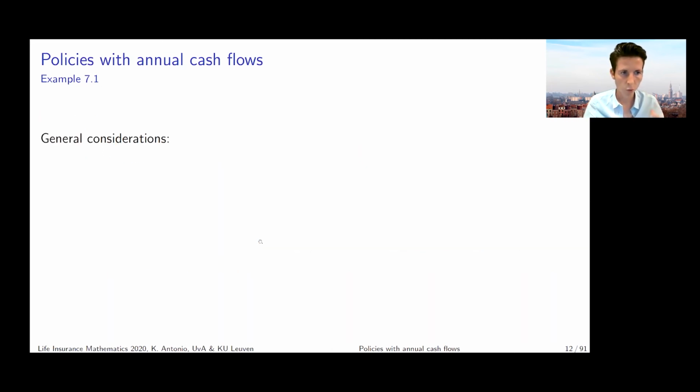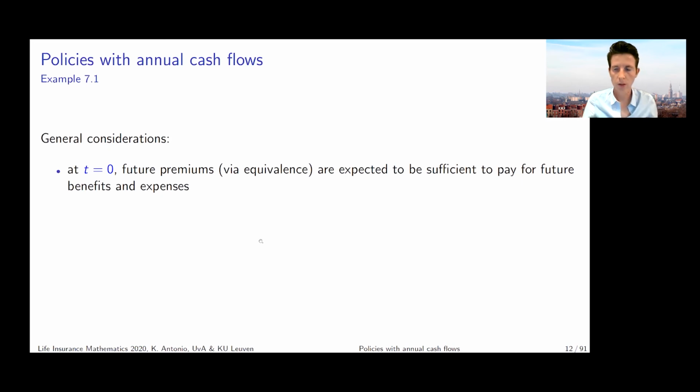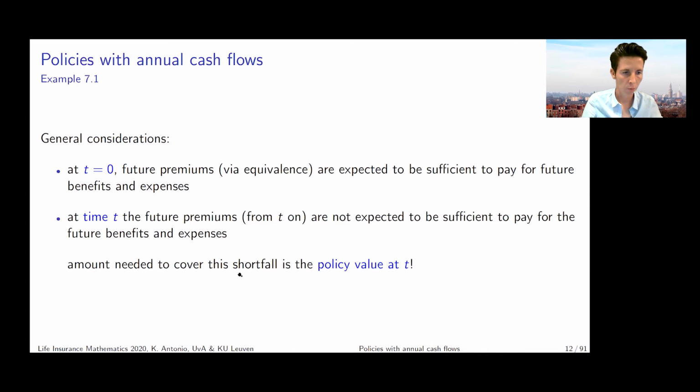So where is this capital coming from? At time 0, my future premiums are expected to be sufficient in terms of expected values to pay for the future benefits and the future expenses, if any. But at time t, the future premiums are not expected to be sufficient to pay for the future benefits and expenses.